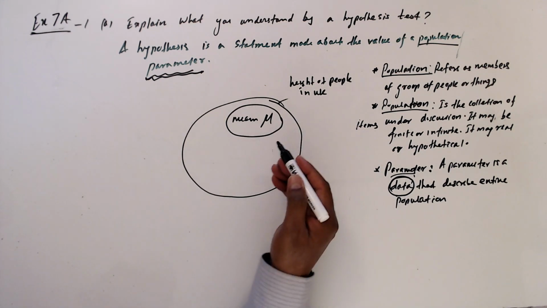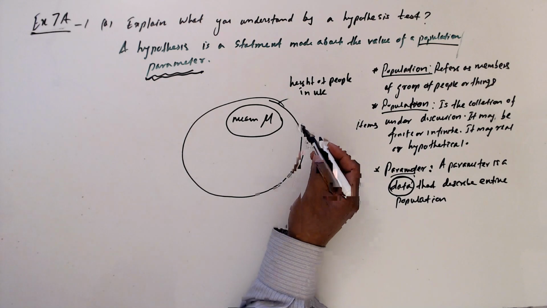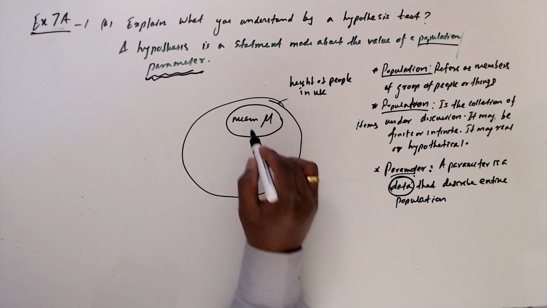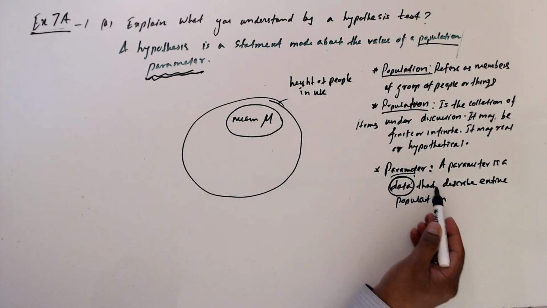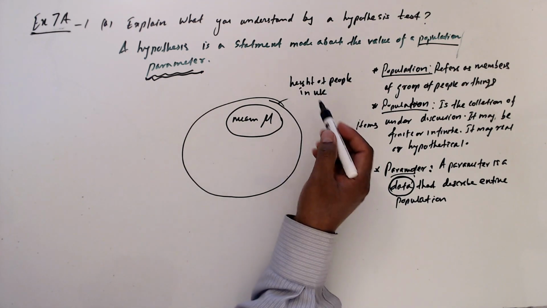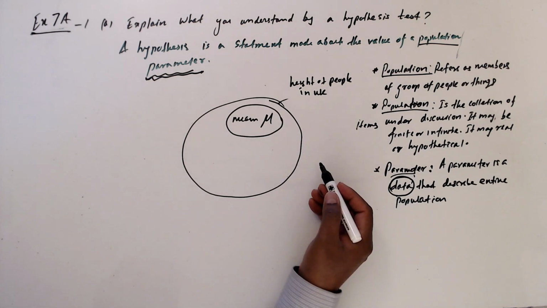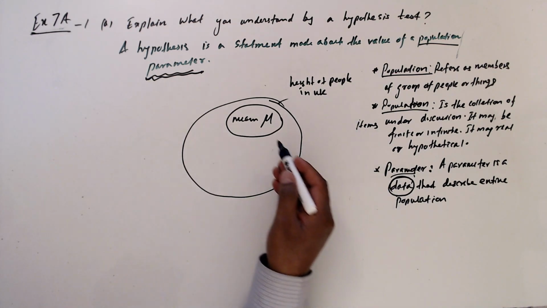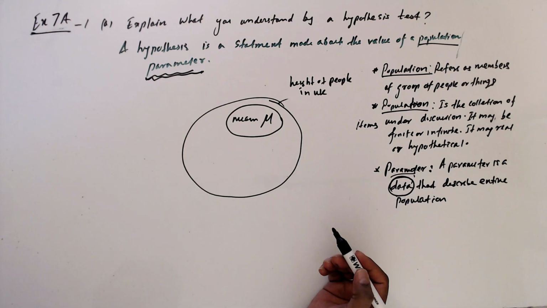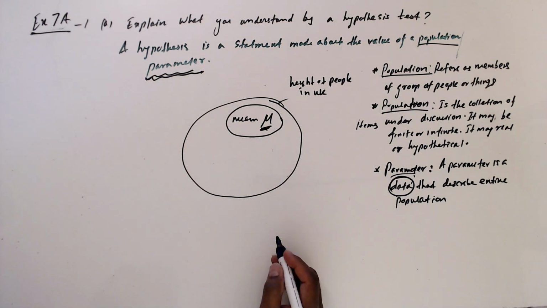So if you refer to the mean mu, using mu, the mean, you can express an idea about the height of the people using the mean value. Now mu is a population parameter, the mean.